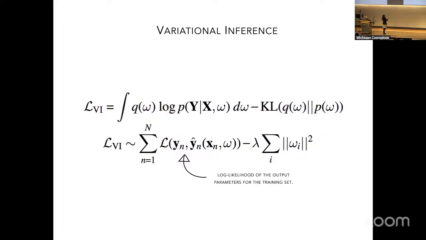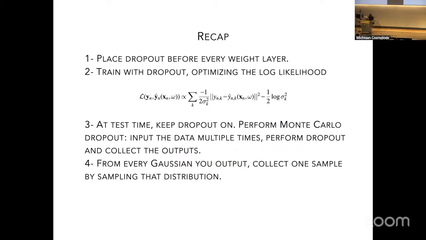With dropout, that's the only thing we have to optimize, because the KL divergence boils down to an L2 regularization on the values of the weights, which is perfect, because we can now evaluate this very easily.